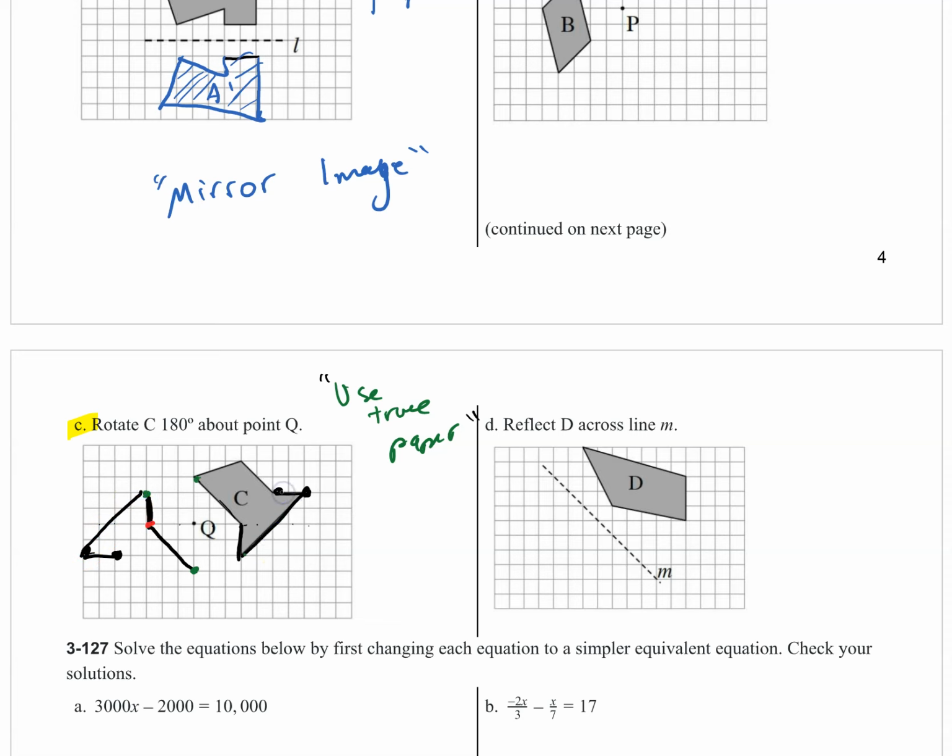And then I'm just making a mirror image now. So this is like 1, 2, 3, 4, 1, 2, 3. There's that, and then we connect the dots. Alright, so this is C prime. And it's a rotation, spun around the point Q. Use trace paper, it's a whole lot easier.